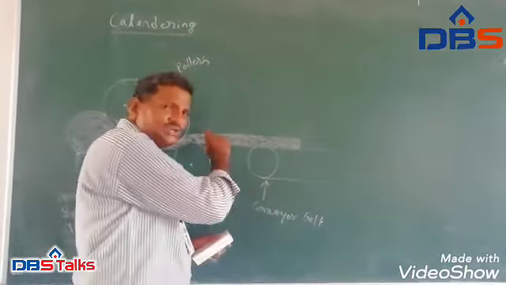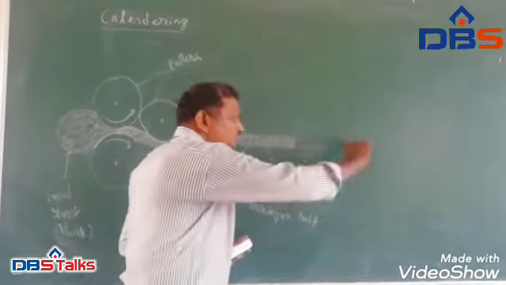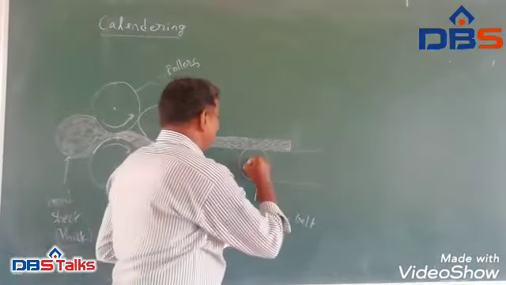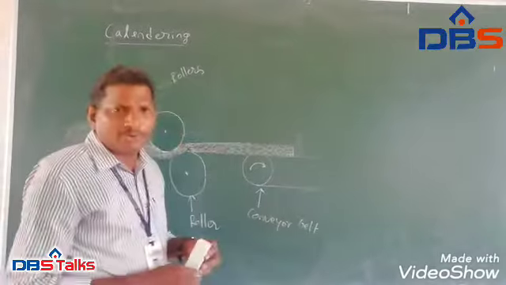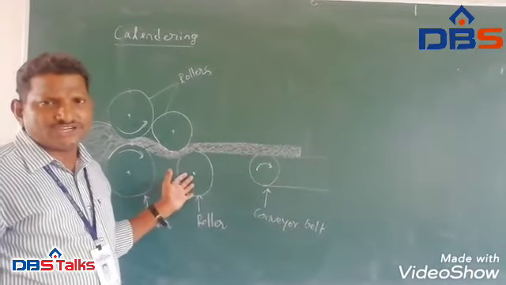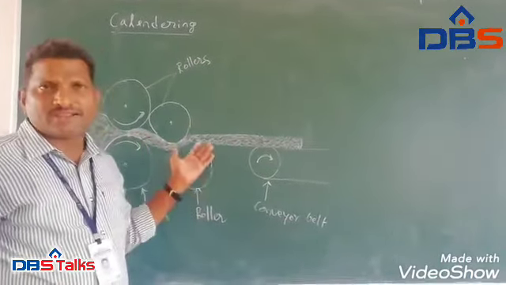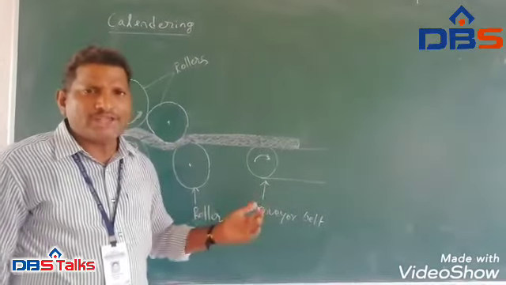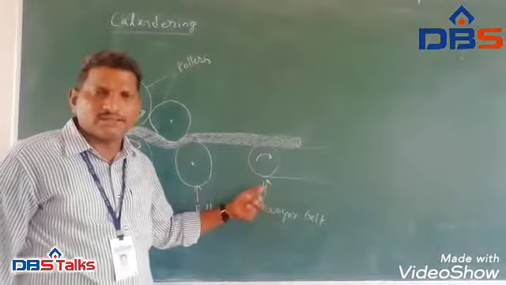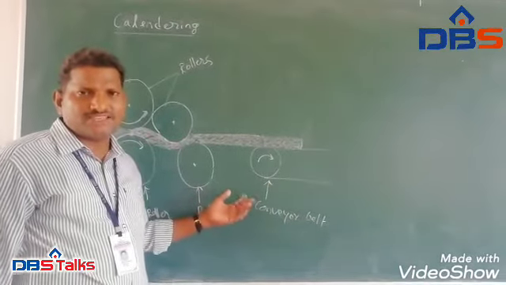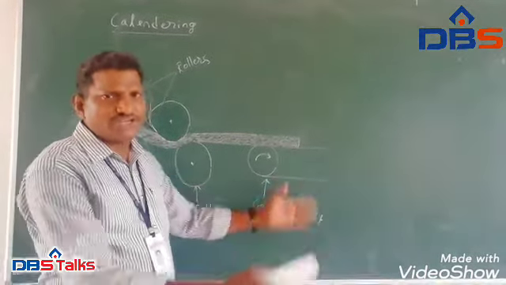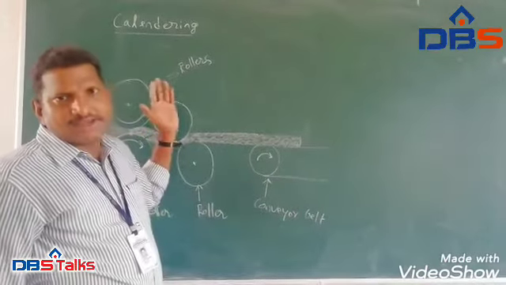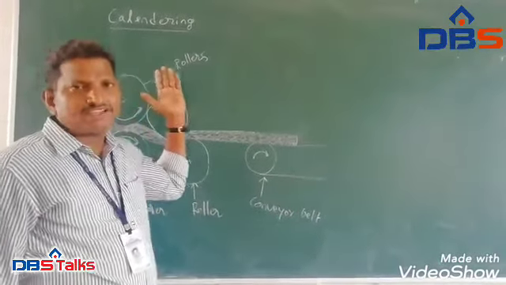The produced sheet will be transferred through the conveyor belt. In this way, we will produce certain plastic sheets. The best example for the application of calendering is producing polyvinyl chloride sheets. PVC long sheets are produced by this calendering.